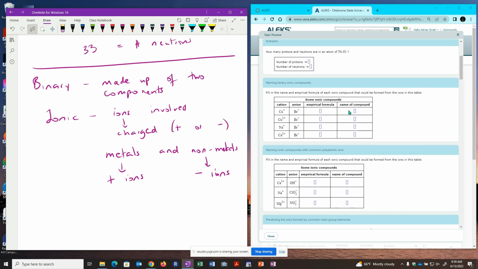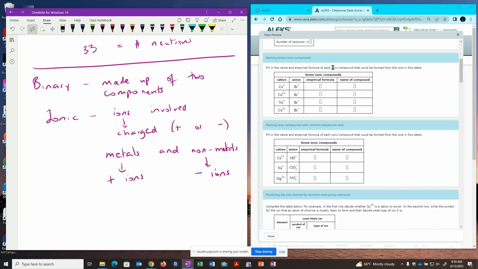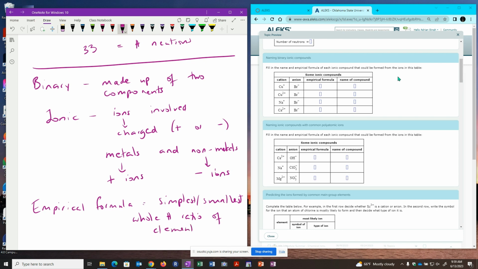So let's take a look here at the first one. It says, fill in the name and the empirical formula of each ionic compound. The empirical formula is nothing more than the simplest whole number ratio of the elements or the ions in the compound.